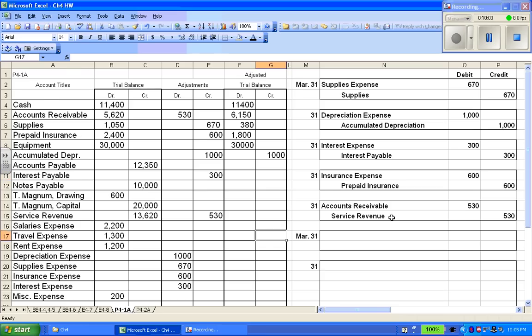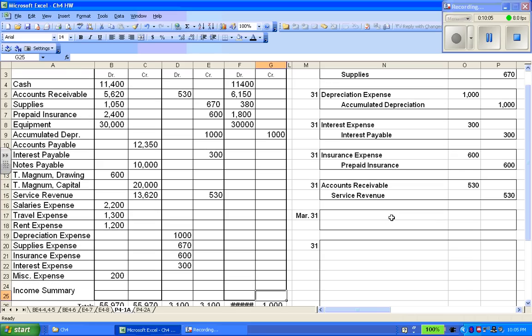I may have to continue this in the next part, but let's see how far I can go. I may have to cut it short real quick. All right. No adjusting entry for accounts payable, 12,300. I have a $300 credit I'm carrying over for interest payable. Notes payable is 10,000.